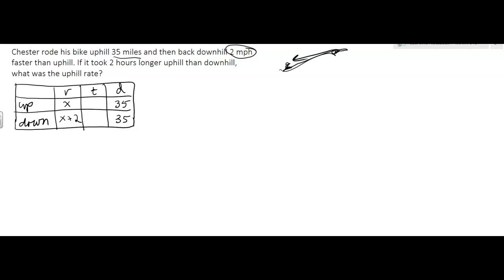So there's different ways you could set this up. I'm going to do this. Let's say that this is the time it takes him to go uphill. So t sub up. And that equals distance over rate, which is 35 over x.